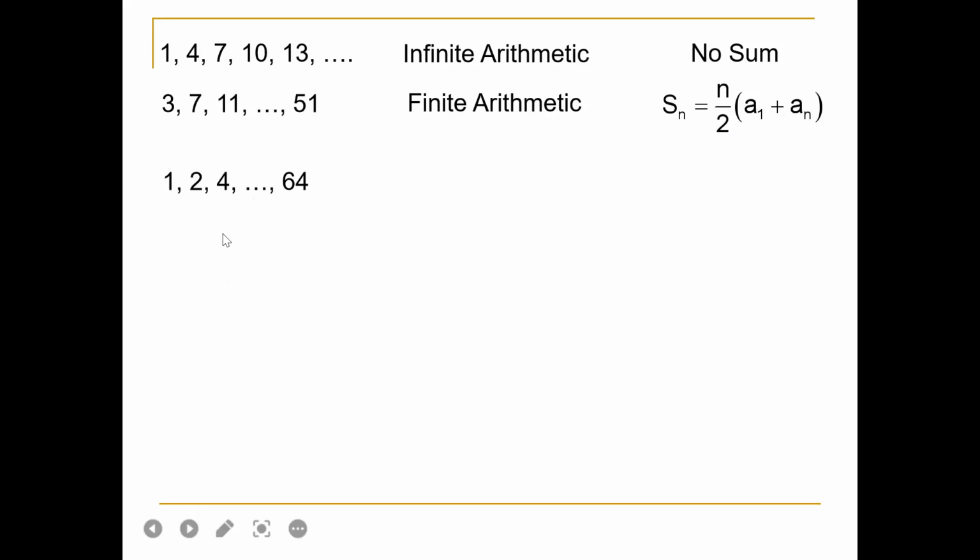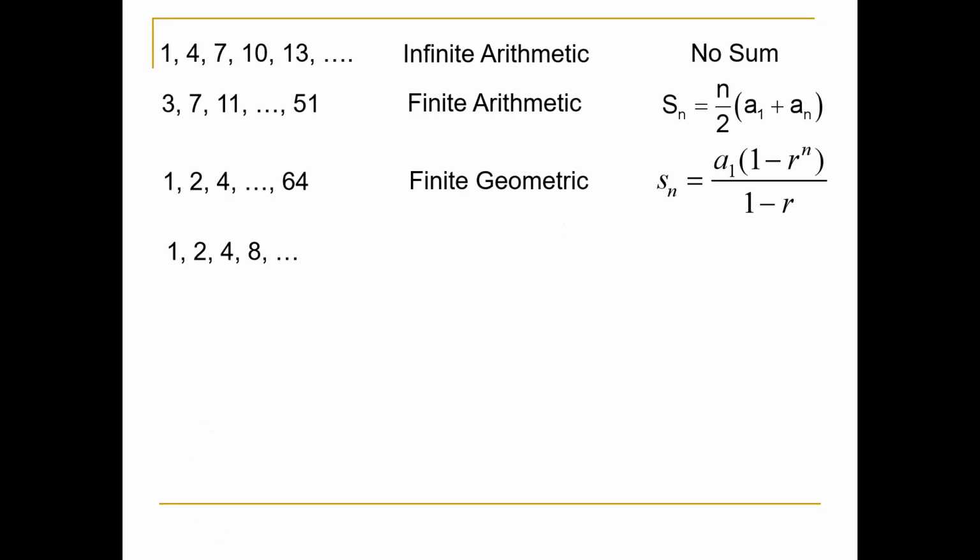So this is a finite geometric, because they have a common ratio. 2 divided by 1 is 2, 4 divided by 2 is 2. And we have the last term, 64, so it's finite geometric. For finite geometric, the formula is S sub n equals a sub 1 times 1 minus r raised to n all over 1 minus r.